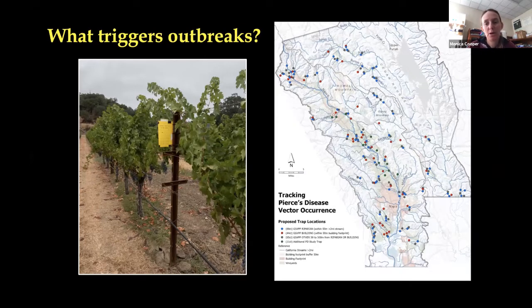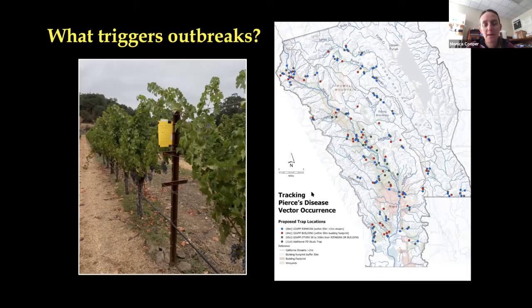So this year, with the support of the Napa County Wine Grape Pest and Disease Control District, we initiated a vector monitoring program that we intend to carry out over the long term in Napa County to give us more information about that.